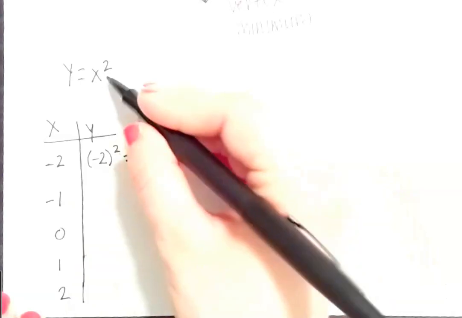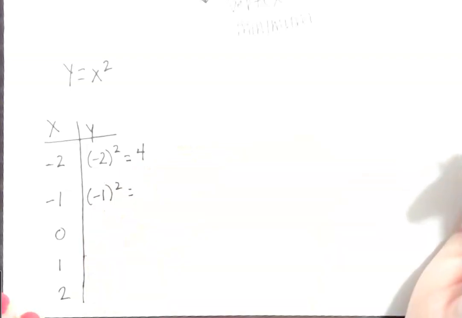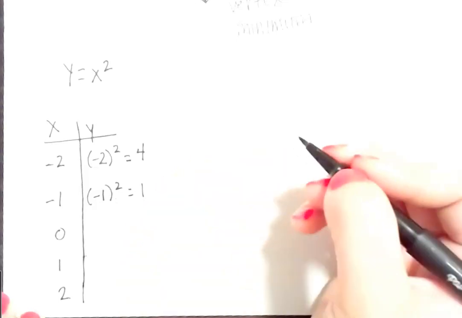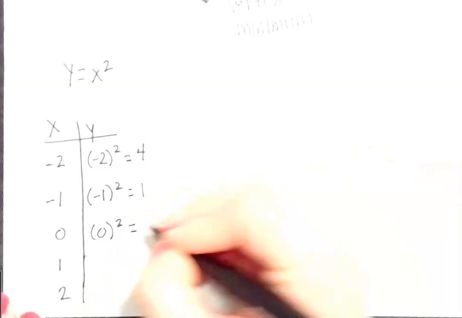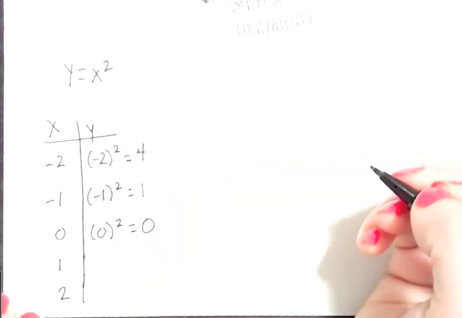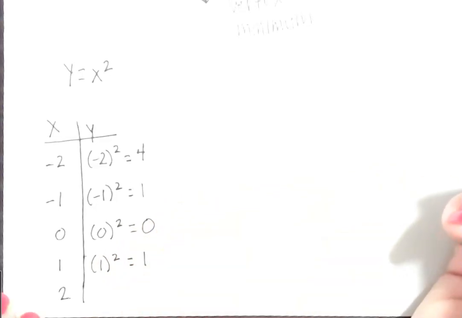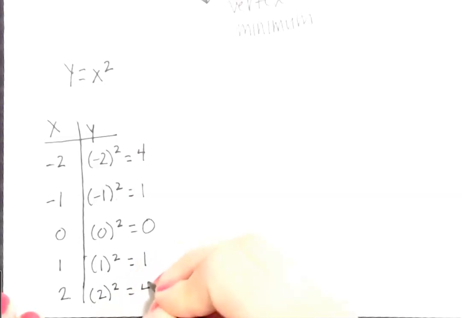If I plug in -1, -1 times -1 is just 1. We plug in 0. 0 times 0 is just 0. We plug in 1. 1 times 1 is just 1. And then 2. 2 times 2 is 4.